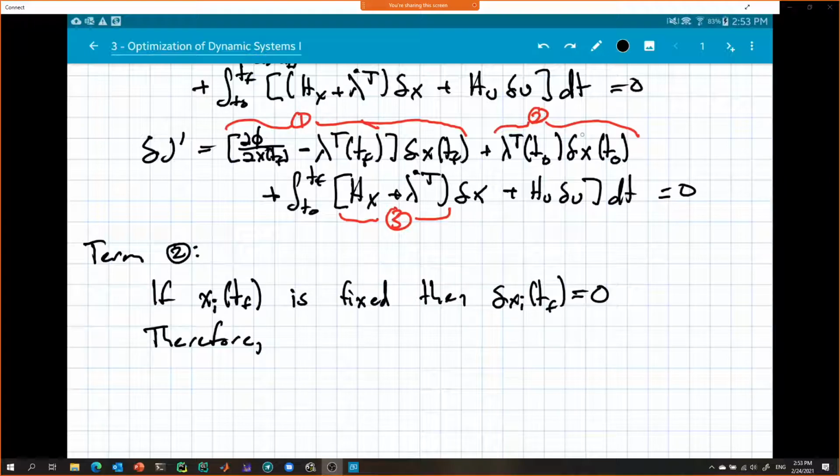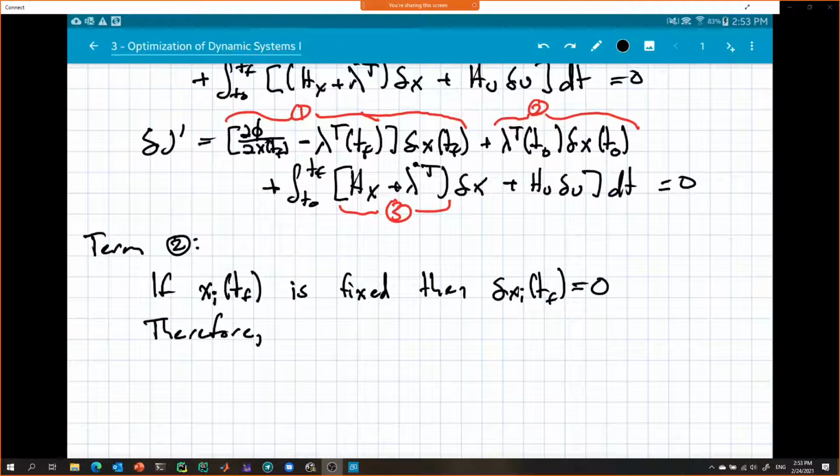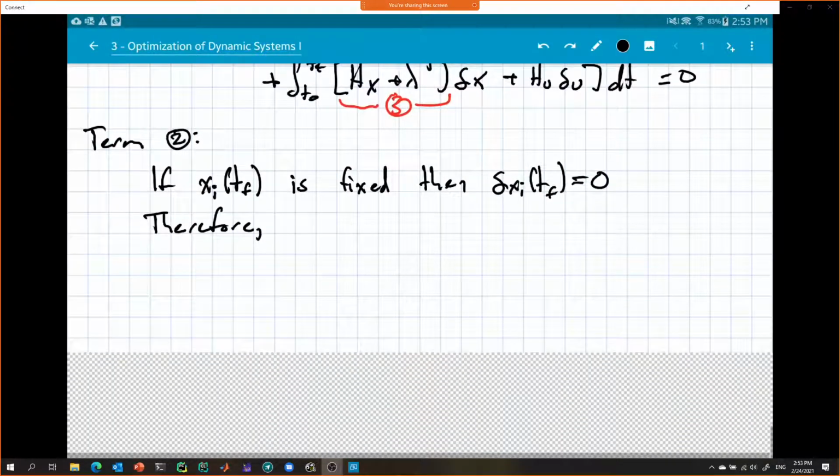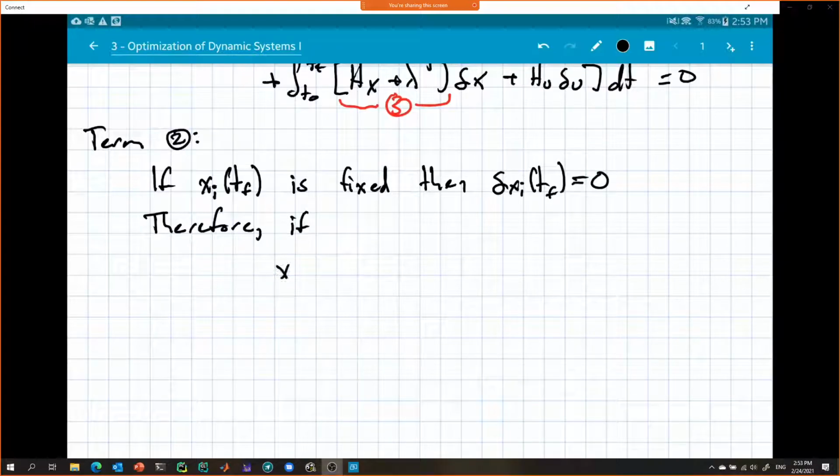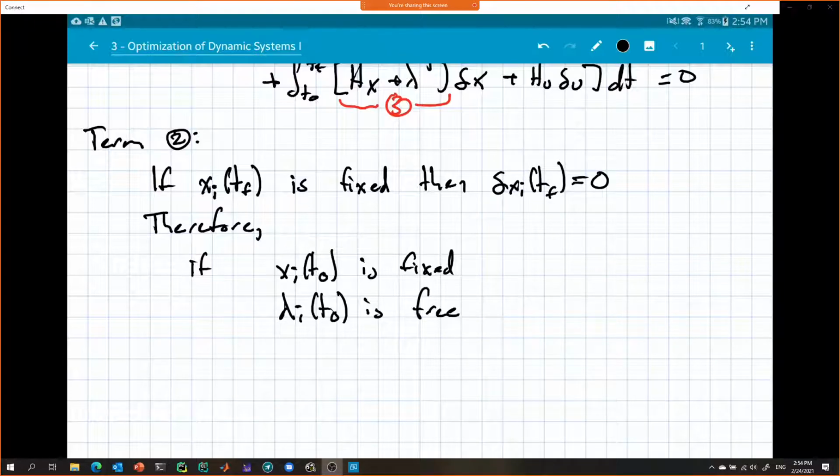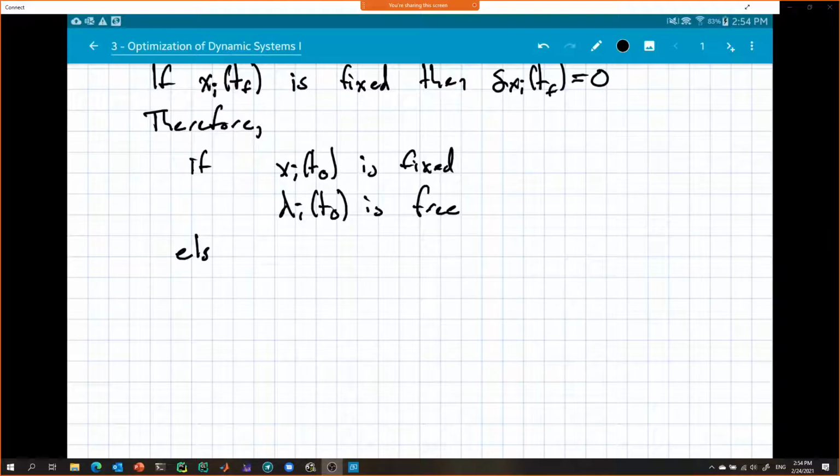But if there's some variation in x, we must guarantee that the ith entry of lambda is equal to 0.